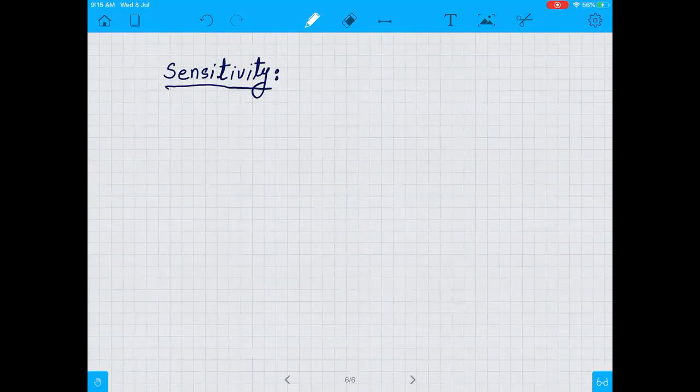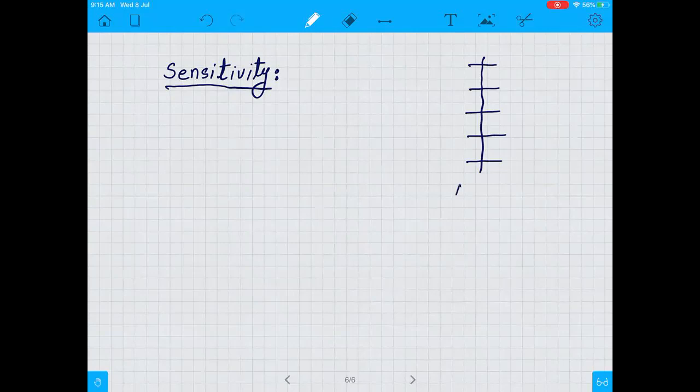first of all, to understand the concept, let's define sensitivity of a mercury and glass thermometer. You know, in a mercury in glass thermometer, the length of mercury column represents the temperature. The temperature is the actual quantity, and the length of mercury column is the apparent quantity.